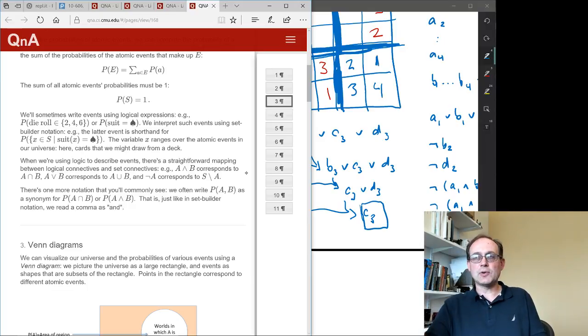Like set operations correspond to logic operations in the sense that if we ask for a number that is both even and a multiple of 3, right? That's the same as intersecting the set of even numbers with the set of numbers that are multiples of 3, right? So intersect 2, 4, 6 with 3, 6.